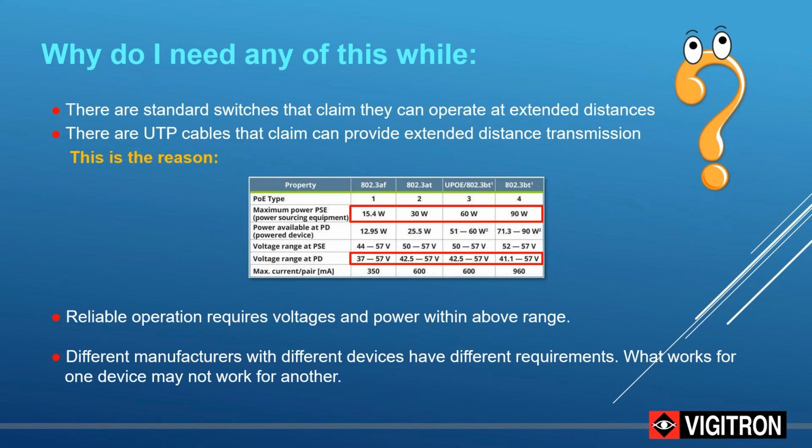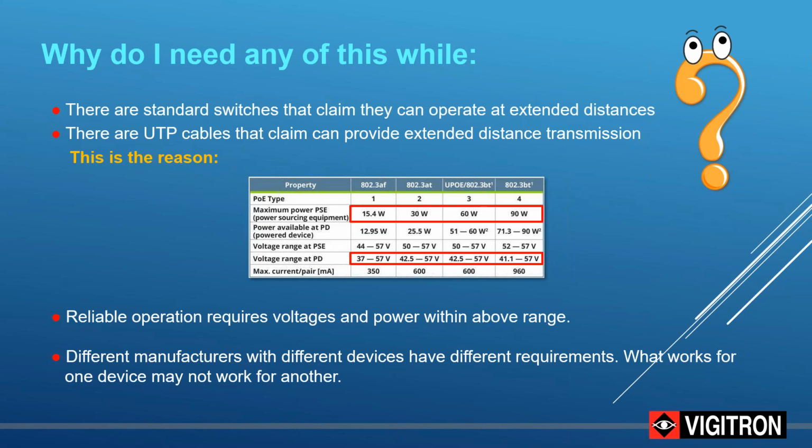And as we learned in the PoE segment of these seminars, once we lose that connection with PoE, the source does not necessarily start up the system again, and therefore the camera can remain offline for considerable periods of time. Different manufacturers with different devices have different requirements.